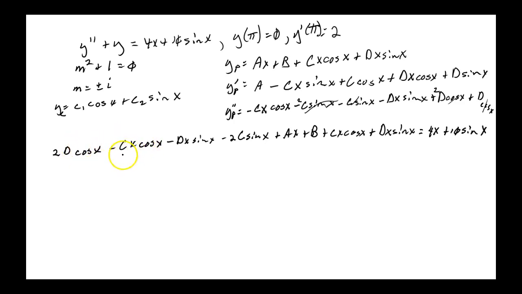Here's a minus cx cosine x, there's a plus cx cosine x. Here's a minus dx sine x, there's a plus dx sine x. Very good. If you'd been plugging in now, that would have been four terms, totally meaningless. Okay, next.